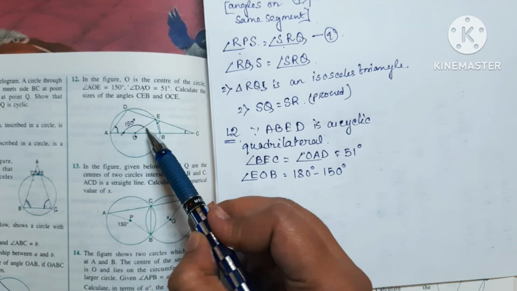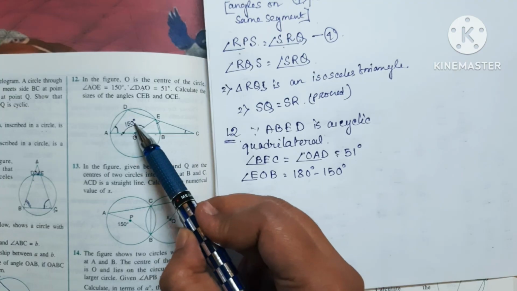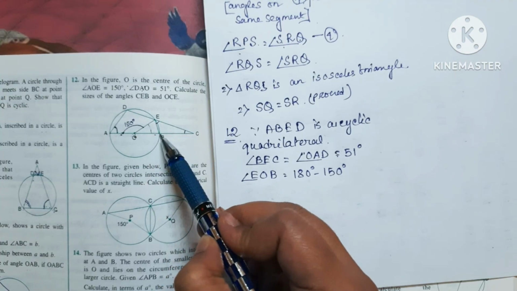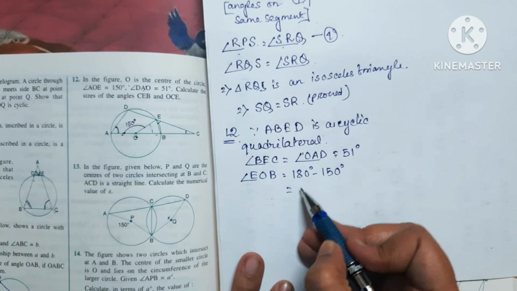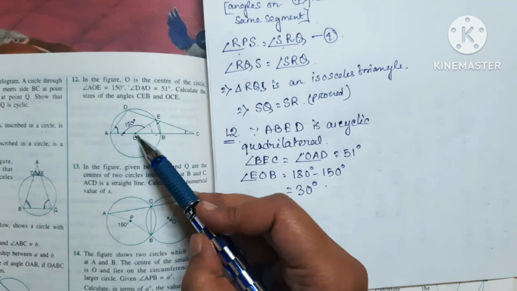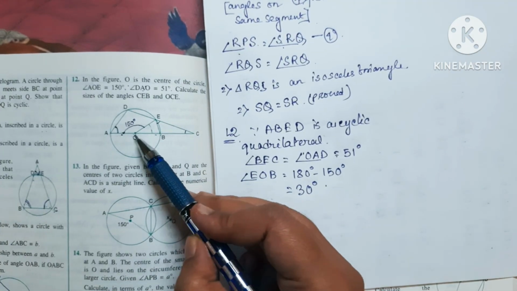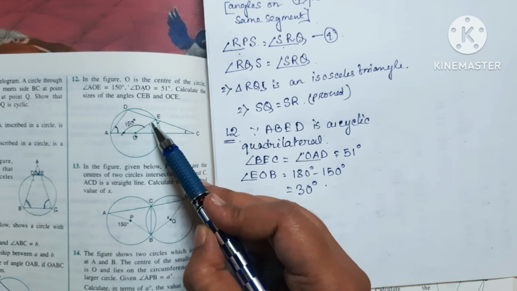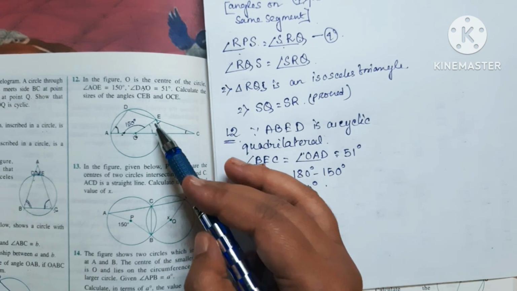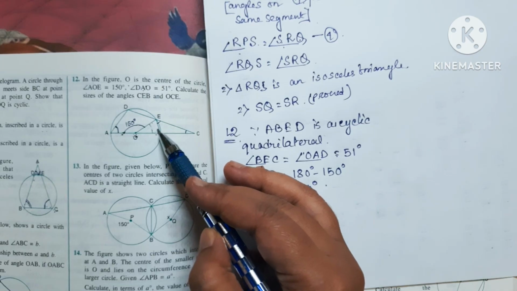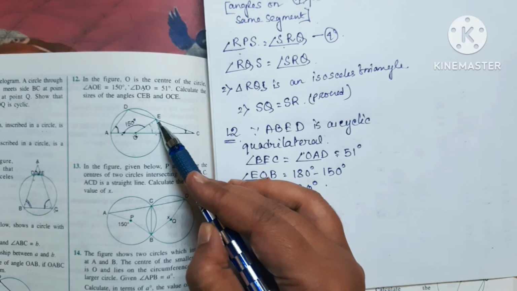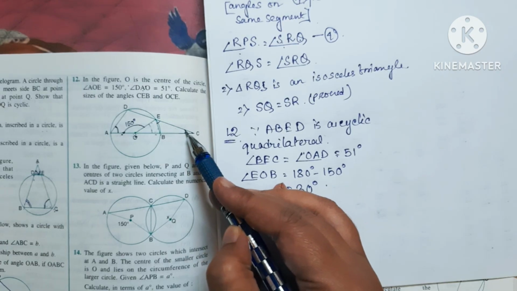If you subtract 150 from 180, you will get angle EOB, which is obviously 30 degrees. Now OE and OB are both radii of the same circle, so this is an isosceles triangle. That means this angle and that angle are equal. You have to calculate this angle because this is the exterior angle of this triangle, and you already know this value.